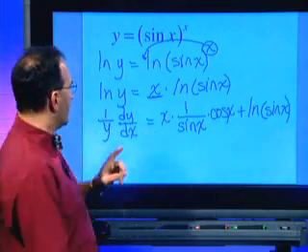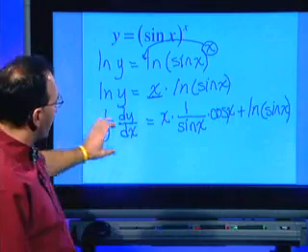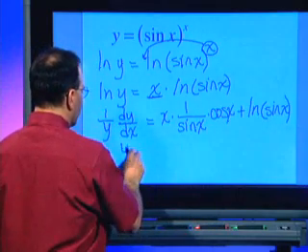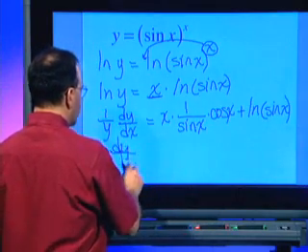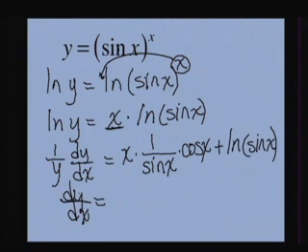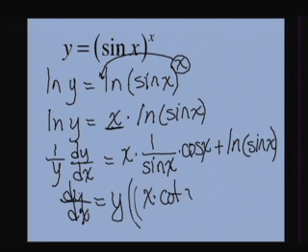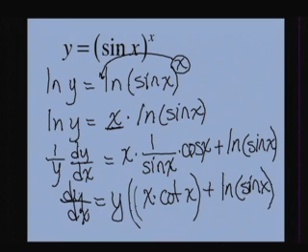We can simplify this in two ways. One, we need to move the y over. So we'll have dy dx equals y times the quantity x times, and we can combine these two to be cotangent x, plus the natural log of sine x.